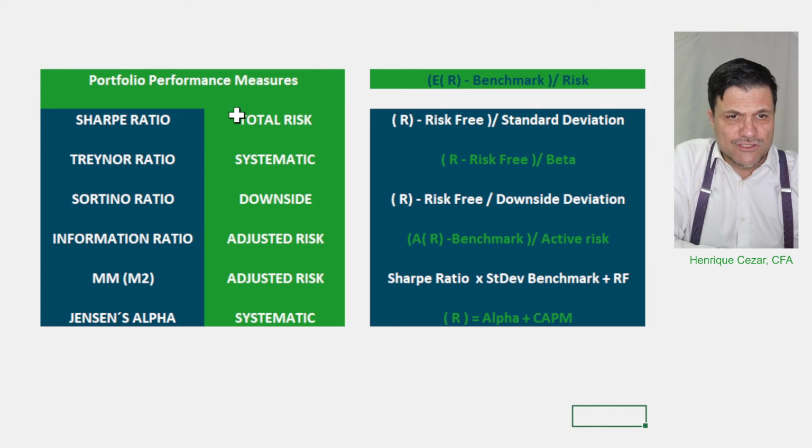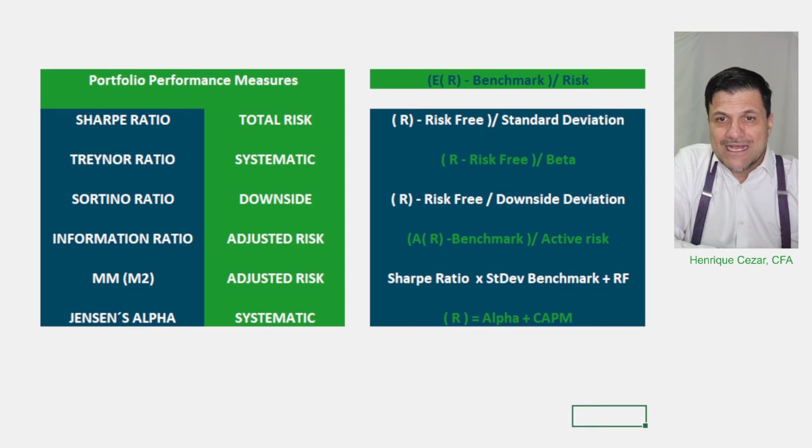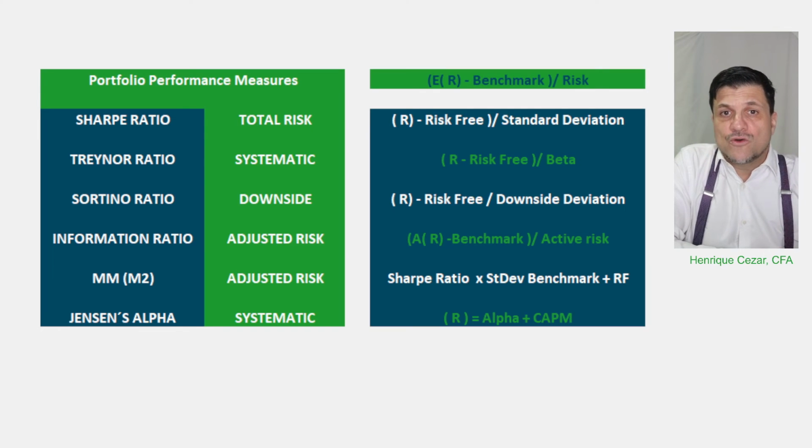The measurements of total risk, like the Sharpe ratio, are more indicated for one individual asset, right? Or you could get the Sharpe ratio of a portfolio to use as a measure, to compute the active weights and other components. But still, the information ratio would be more advisable to use in case of active management, to measure the return that the active manager generated for its clients.